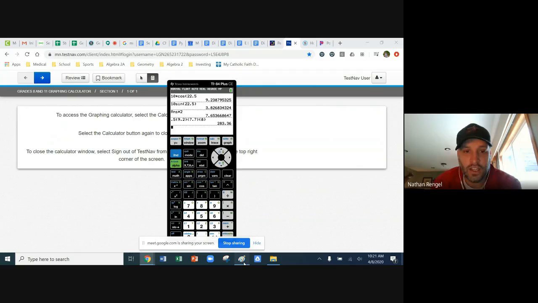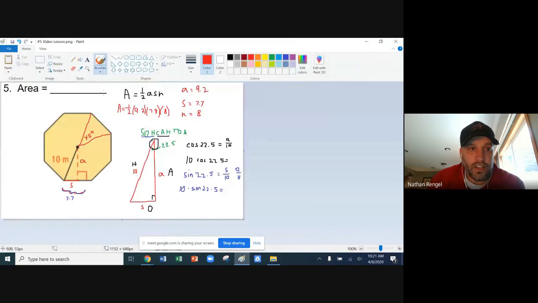So let's head back. So the final area we will get is 283.4. So we are 6/10 off because of that little bit of rounding. And since this is area, this is going to be my meters squared. So there would be my final area result.